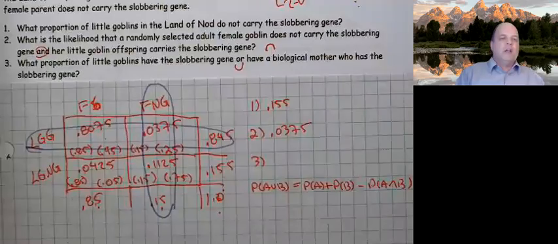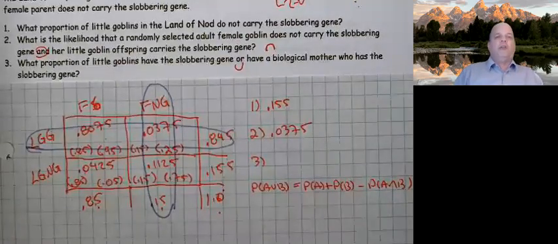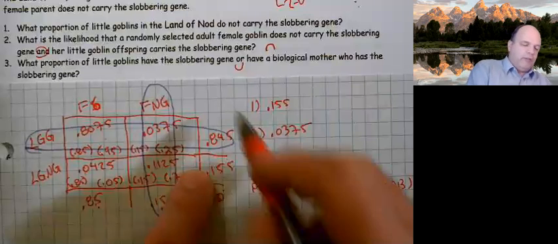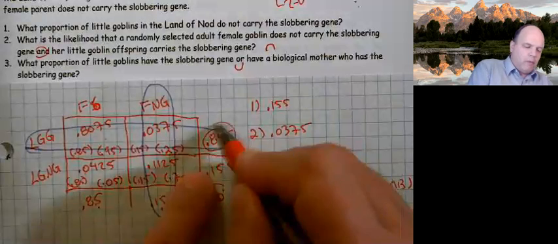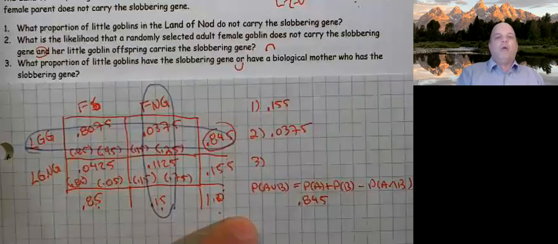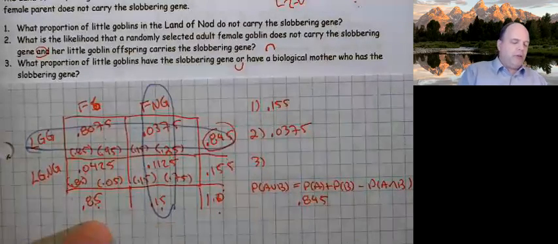All right? So, what proportion of little goblins have the slobbering gene? So, the little goblins with the gene, that's 0.845, that's this value. Or have a biological mother who has the gene.